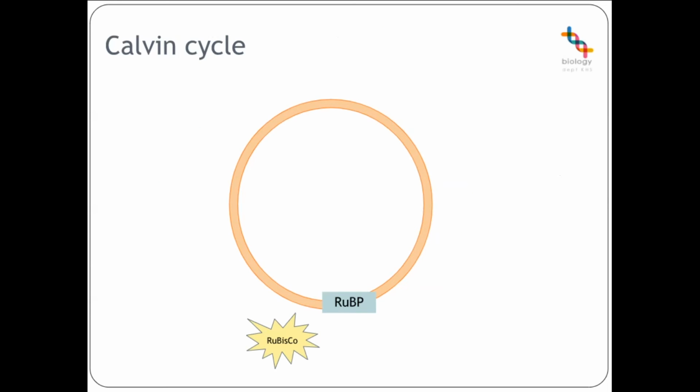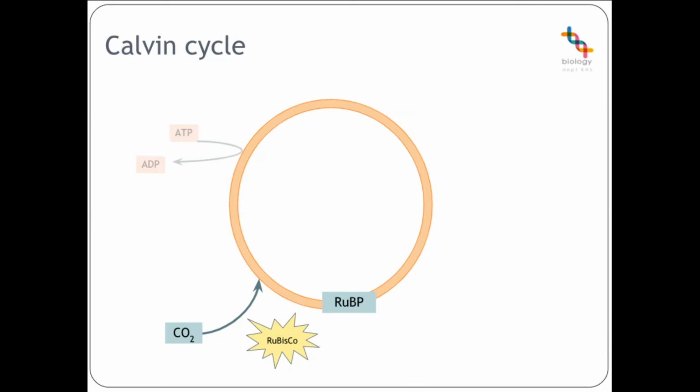So in the carbon fixation stage, we're going to start off with two new molecules. We've got RuBP, or ribulose bisphosphate, and an enzyme called Rubisco. Now, RuBP is involved in combining with carbon dioxide, and when they do that, that is catalysed by this enzyme Rubisco. So the reaction between these two molecules is catalysed by this enzyme.